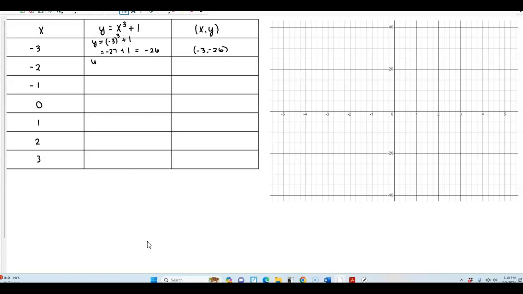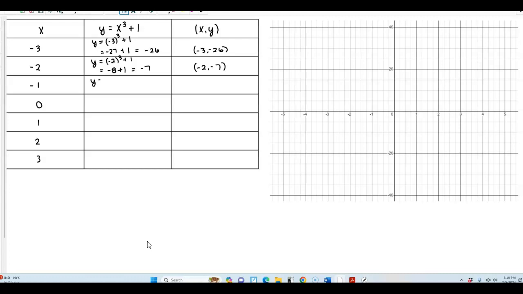Now we're going to plug in -2. If we plug in -2 and then cube that and then add 1, we know it's going to be negative, because -2 times -2 times -2 is going to be negative. 2 times 2 is 4, 4 times 2 is 8, so this is going to be -8 plus 1, which gives us -7, so we have -2, -7.